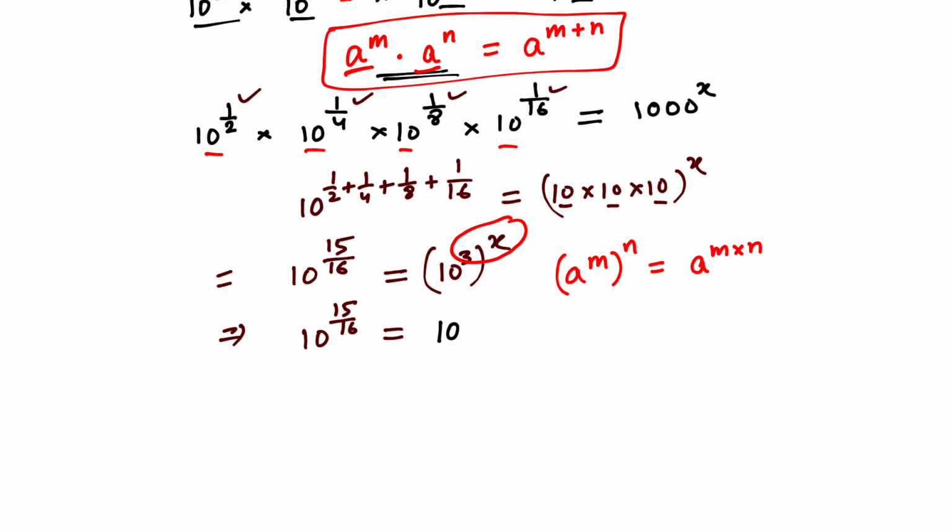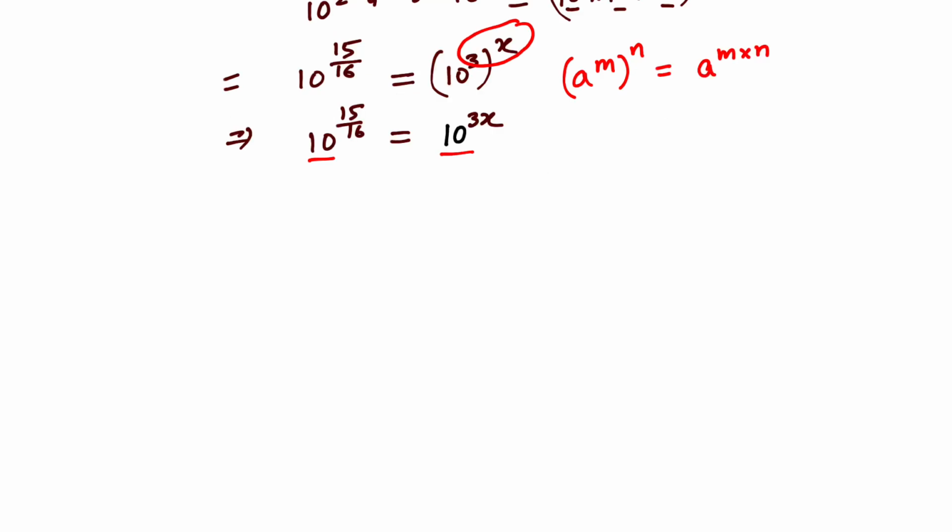So it will become 10 raised to the power 3 multiplied by x is 3x. Now you can see the bases are same. That means the exponents are also same because of the equality. So we will write 3x from here, that is equal to 15 by 16.